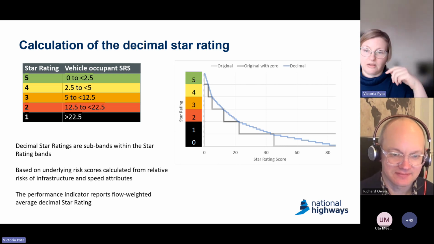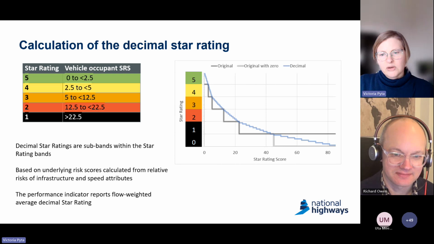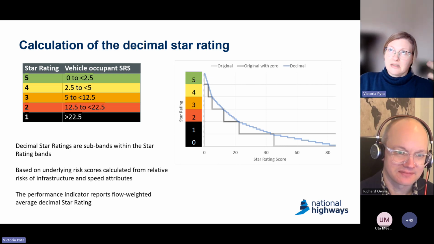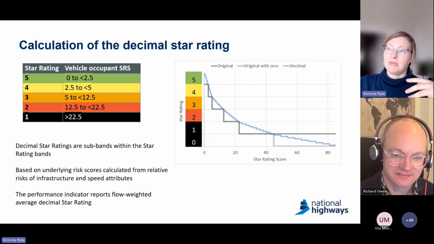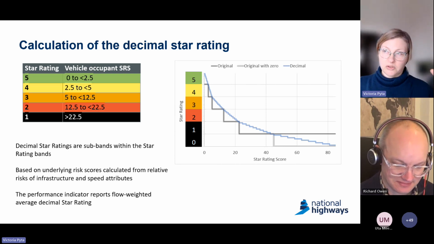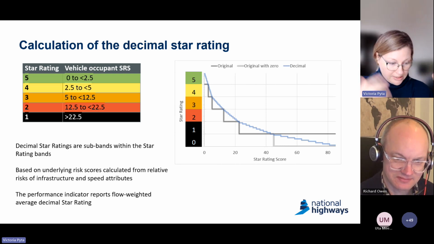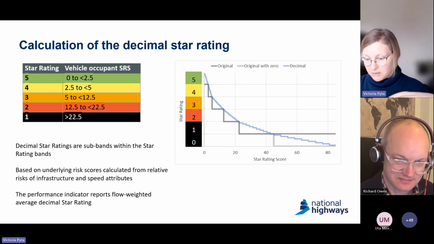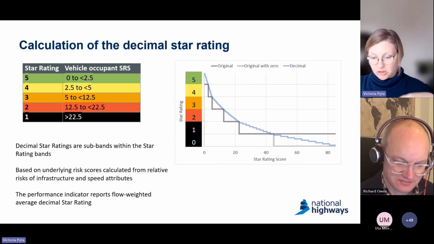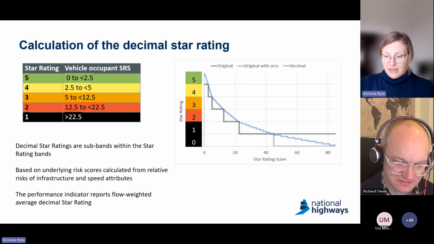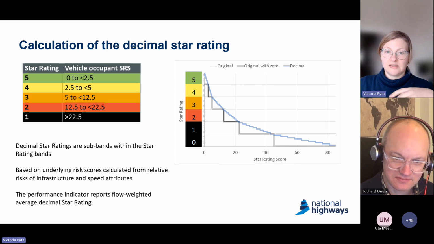or 5.0 to 5.9. And what it does is it means that when your practitioners are designing a new scheme and they're using a tool like the route review tool, they can calculate the current decimal star rating and what the new star rating should be based on what they've put into that tool, compare the two and go, oh, okay, it looks like I'm getting a decent improvement in the inbuilt safety of this.